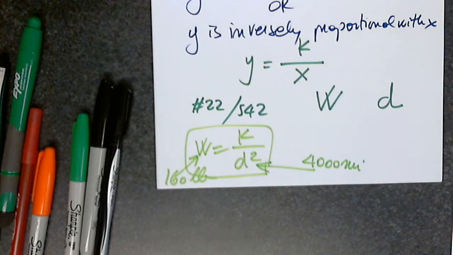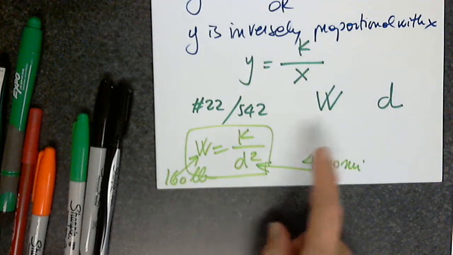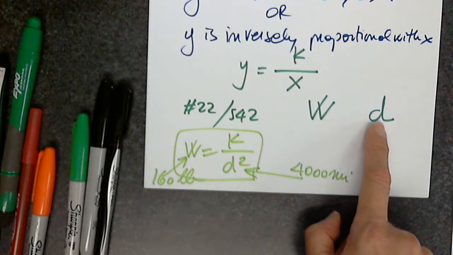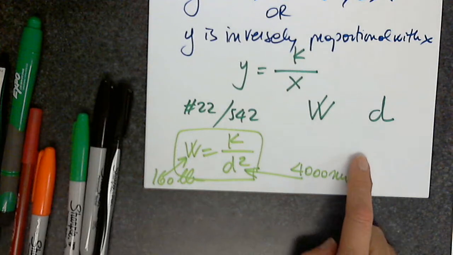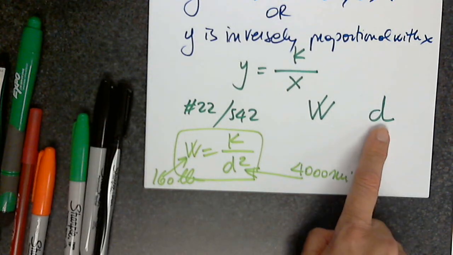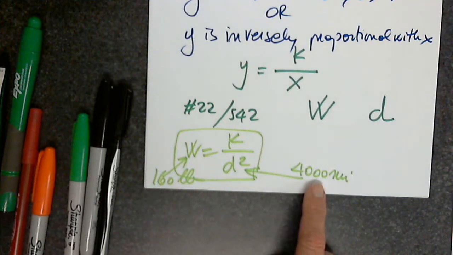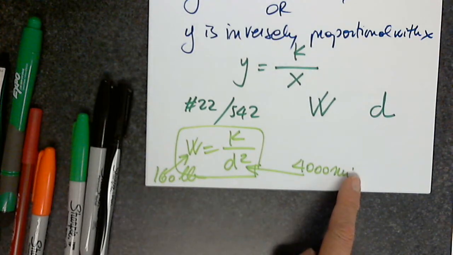Remember, D is the distance between where the person is on Earth or above, somewhere in the air, on a plane. So the distance is from where the person is to the center of the Earth. If we walk on Earth, then we find ourselves 4,000 miles away from the center of the Earth.